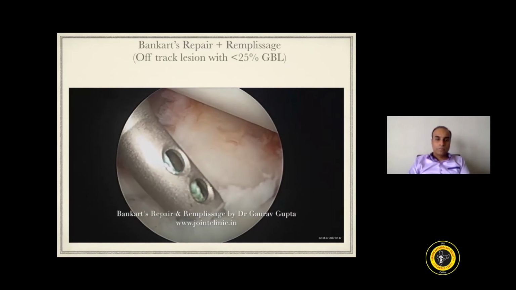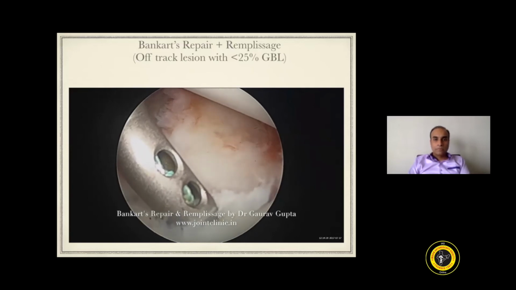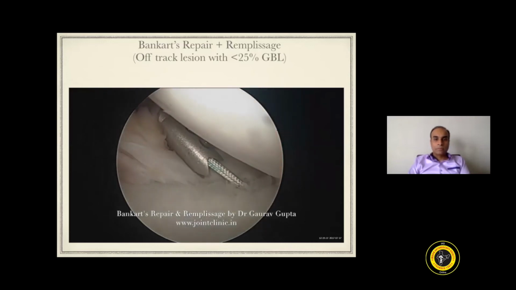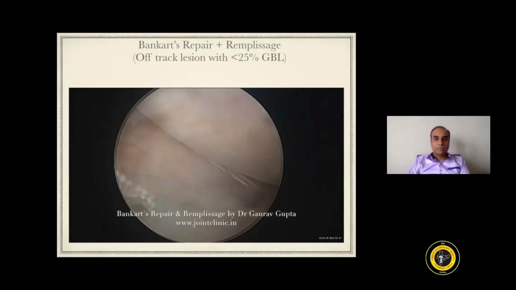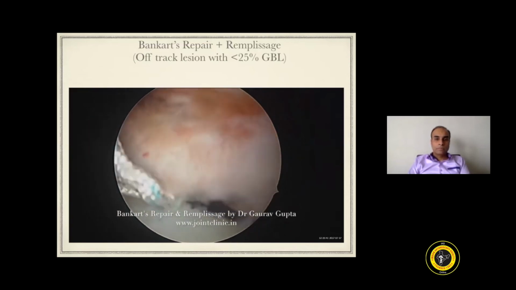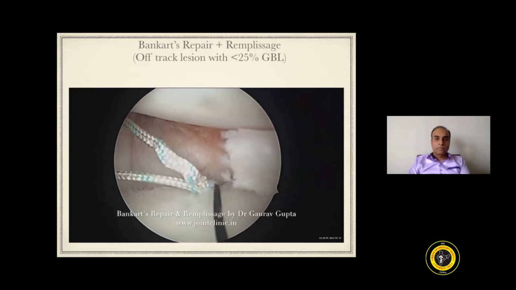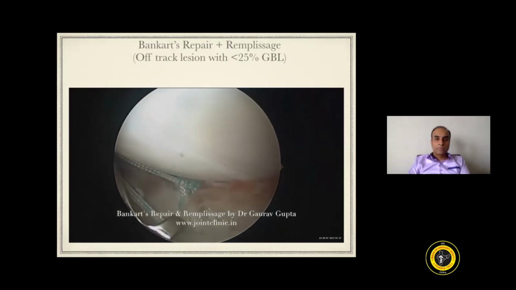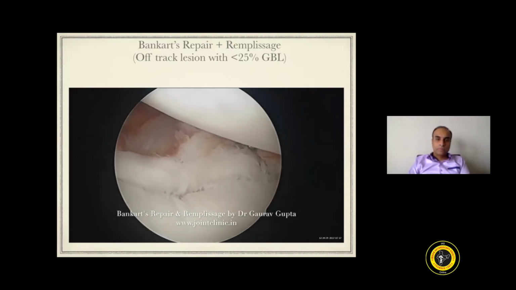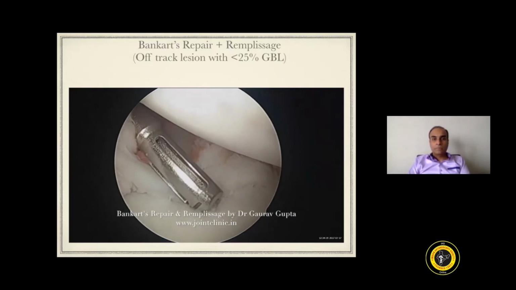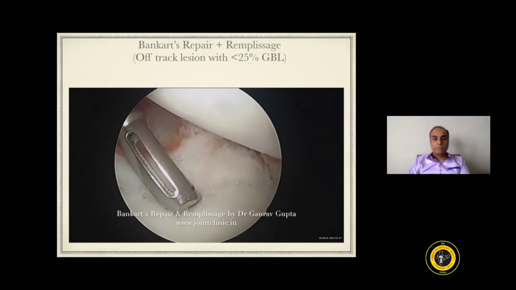Suture anchors are inserted onto the glenoid. Stitches are taken through the labrum and the IGHL. Knots are tied to ensure a good labral bumper with a good capsular shift.